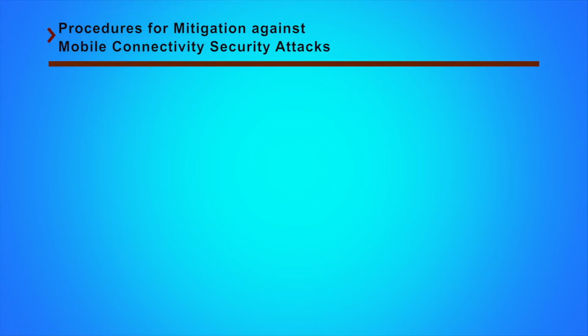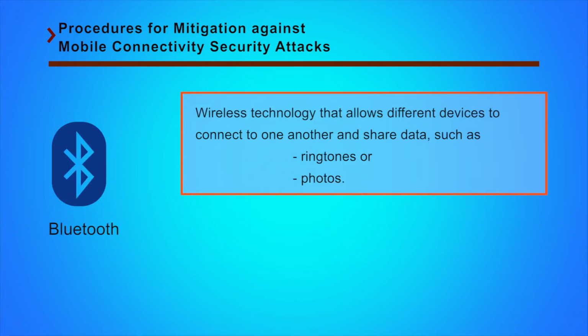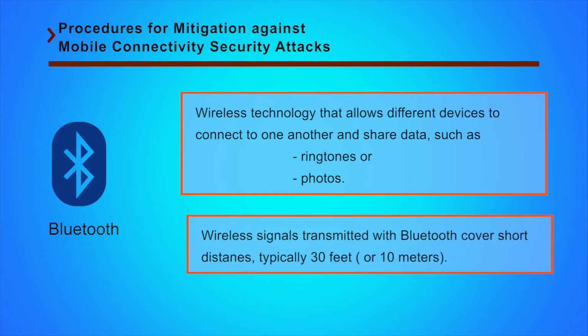Procedures for mitigation against mobile connectivity security attacks. Bluetooth is a wireless technology that allows different devices to connect to one another and share data such as ringtones or photos. Wireless signals transmitted with Bluetooth cover short distances, typically 30 feet.